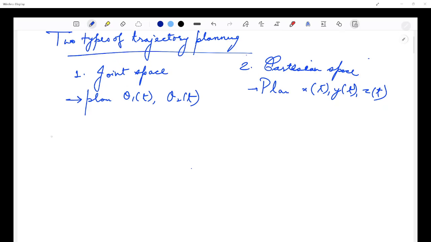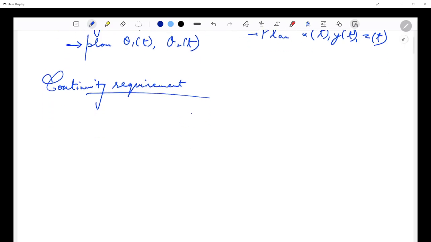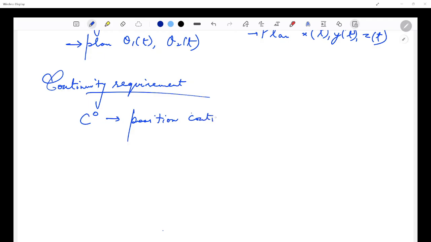Now there is a requirement of continuity. Okay, so C0 means position continuous, C1 means velocity continuous, and C2 means acceleration continuous.